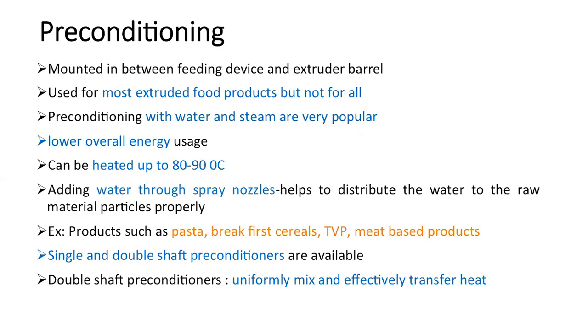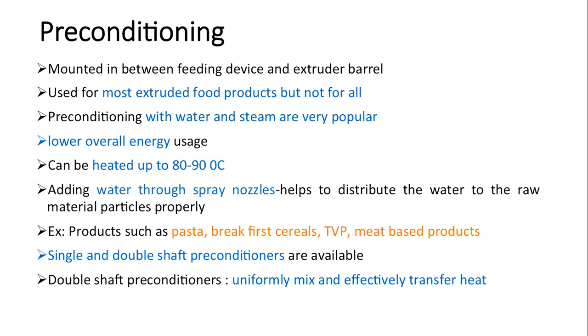Preconditioning is also a very common word. I think you can remember this word. We have discussed it in different slides in different lectures. So today I am using it to give you some technical details regarding preconditioning. The scope of preconditioning is to facilitate the extrusion process.